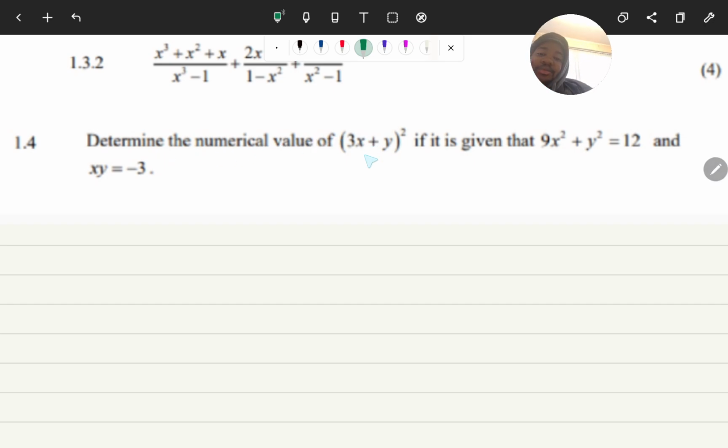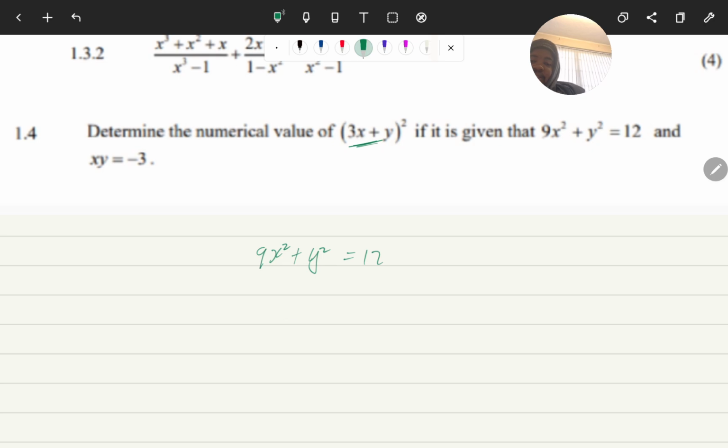So here, determine the numerical value of this guy if it is given that this is 12. And right, so we look at this number, right? When you look at that number, what do you have there? You have 9x squared plus y squared equals 12, right? So we're looking for the numerical value of this now.